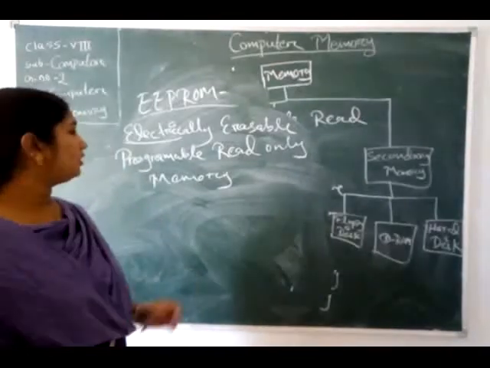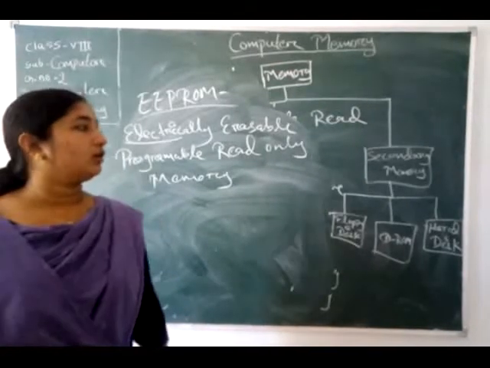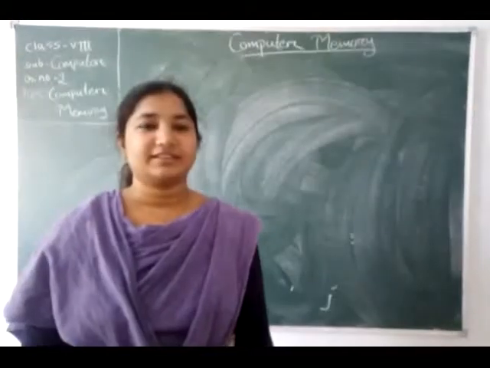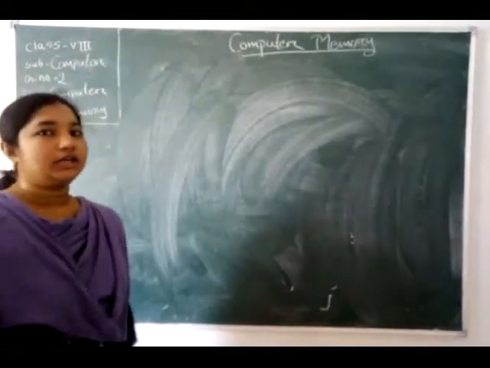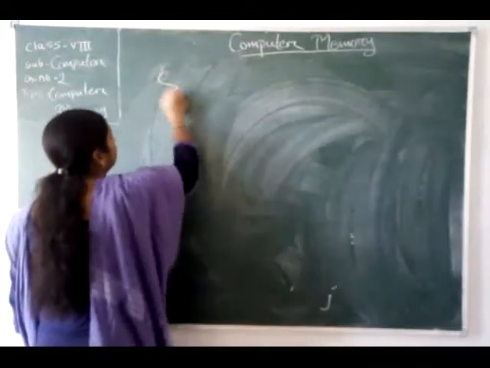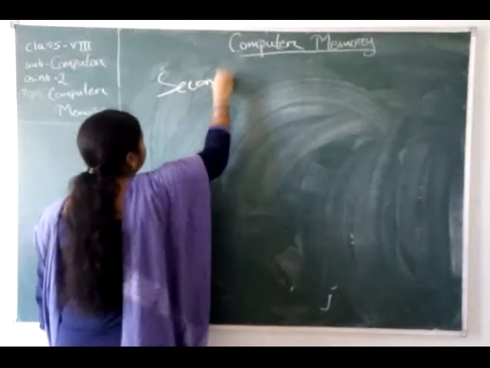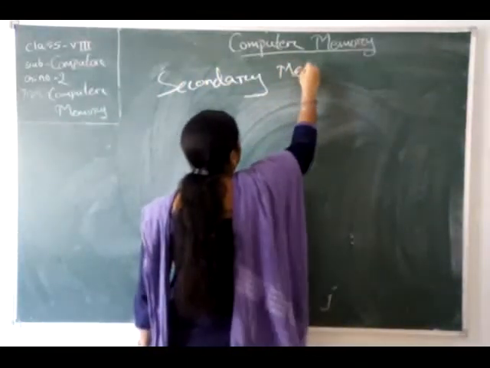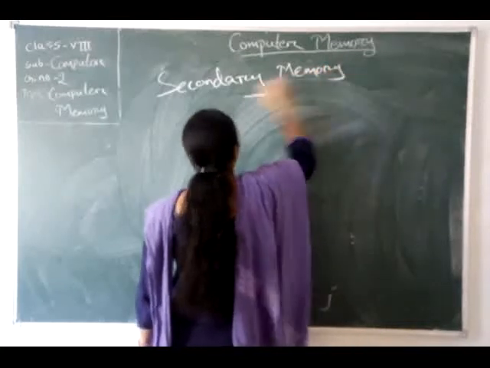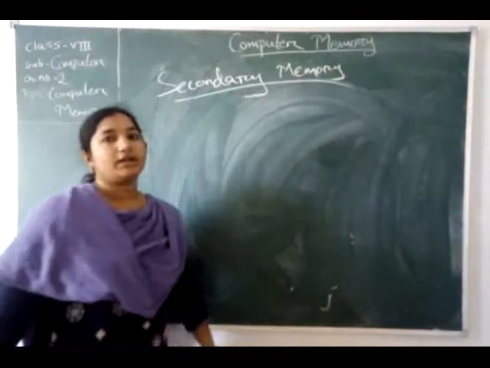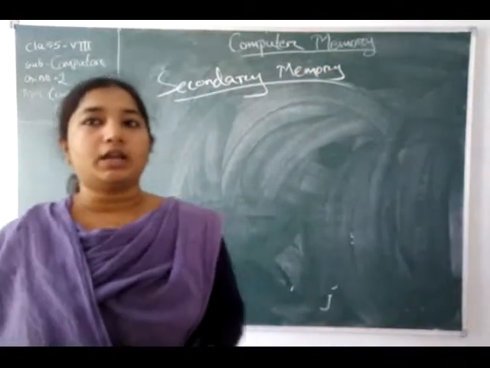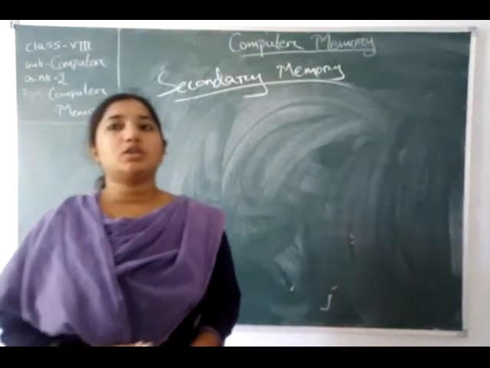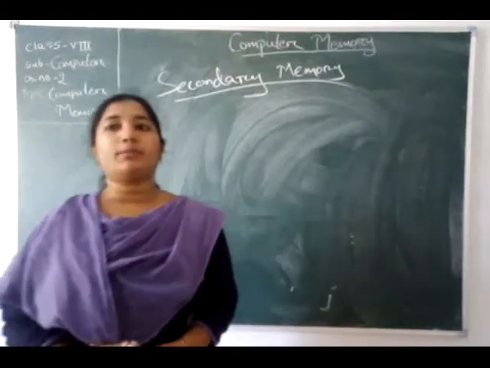So this is all about primary memory. Now we discuss secondary memory. So what is secondary memory? Secondary memory is also known as secondary storage. It is slower and cheaper than primary memory.